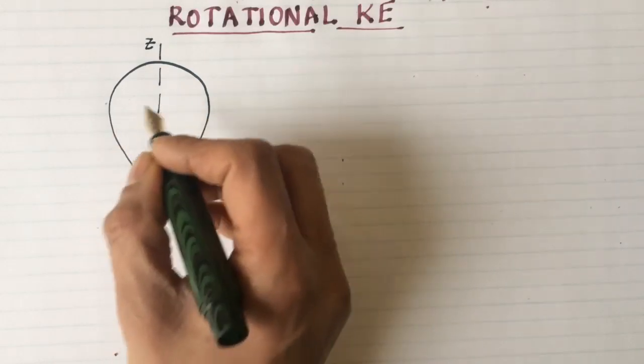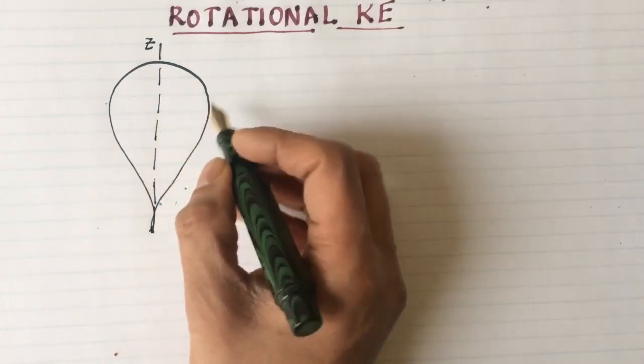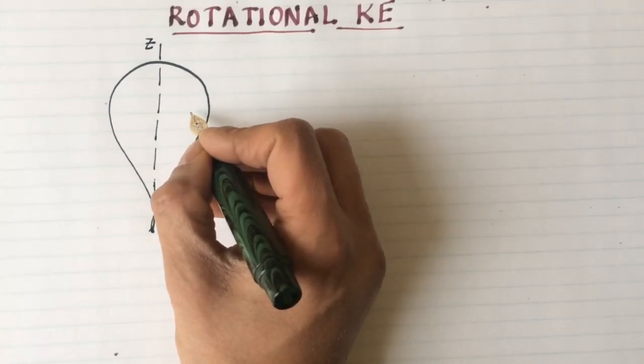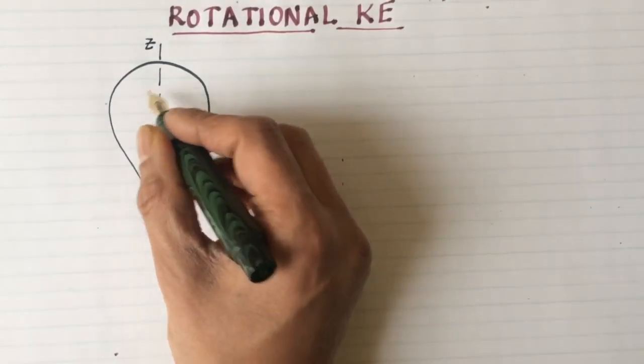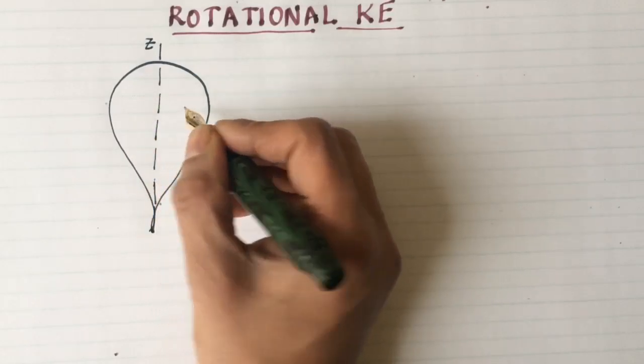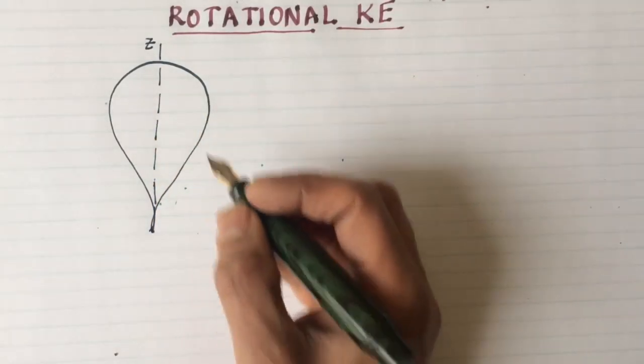So what's a rigid body? First of all, a rigid body is a construct such that every part of the object moves at the same angular velocity.